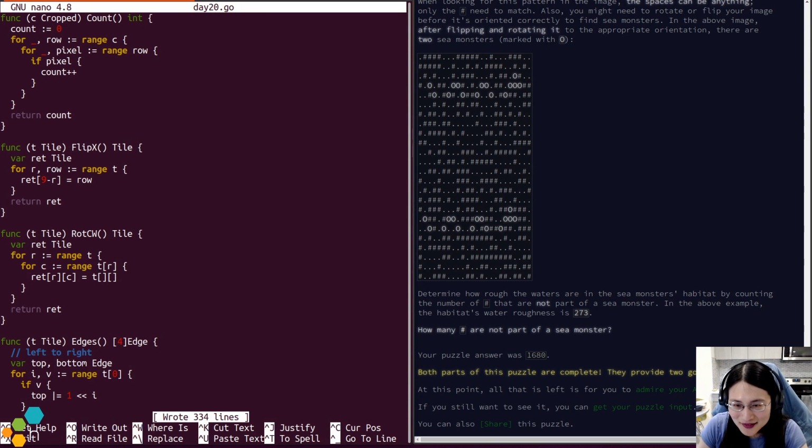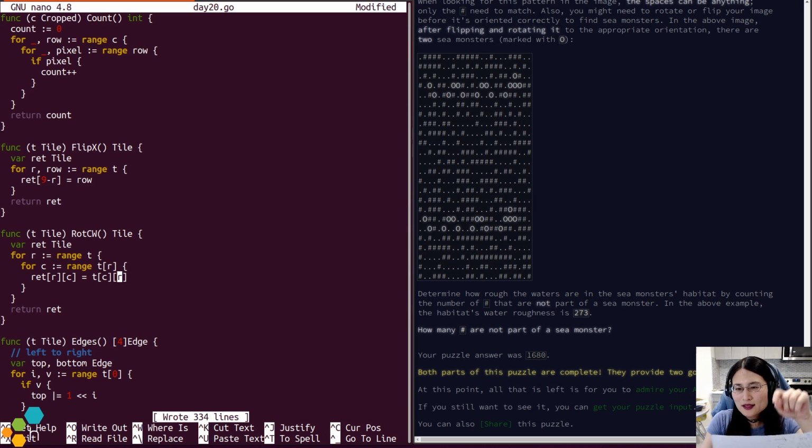Okay, so if I rotate without flipping, then what happens here is the row and column reverse themselves, and also, I believe one of them gets flipped in the reading order.